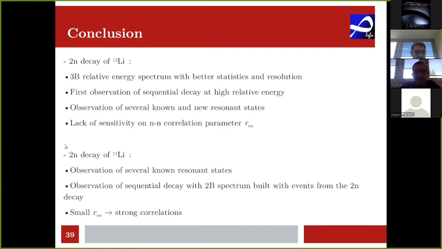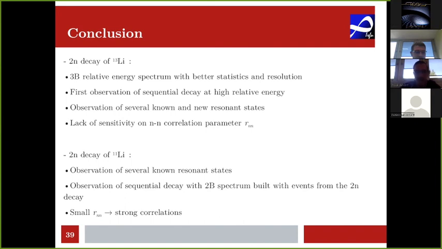But we see also a lack of sensitivity on the neutron-neutron correlation parameter, meaning that here we had less information on R_NN than expected. And on lithium-11, we have also found and fitted several resonance states, and also found a decay path in the gates that I presented.